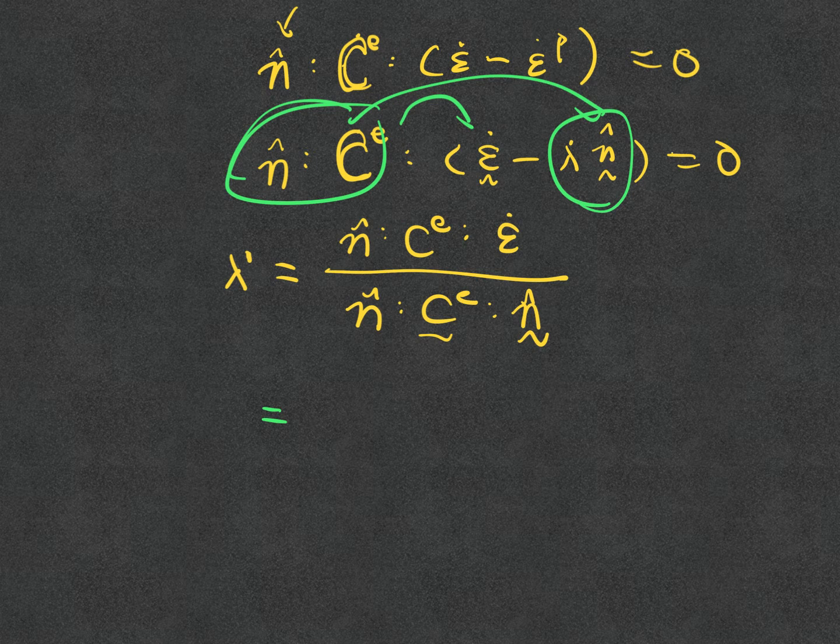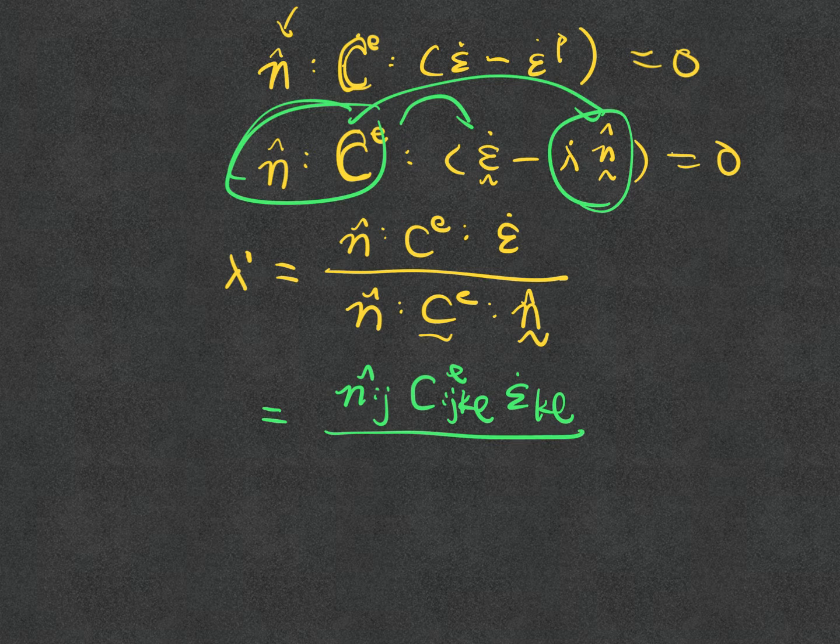Okay, and then if I write it in Einstein index form, I'll have n_ij C_ijkl. Notice that in index form, you don't write out the dot. Instead, you use the indices to indicate what kind of product you get. It can be a scalar, a vector, a tensor, or something completely wrong. Now, what I should get is a scalar, so there should be no free index.